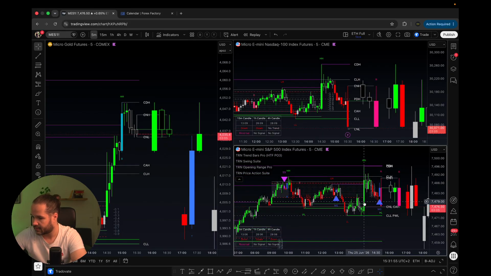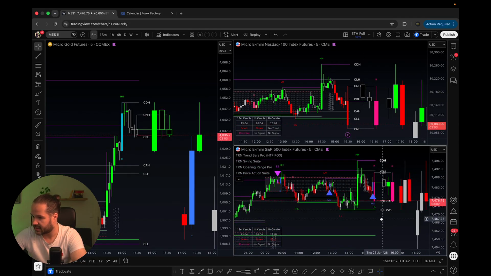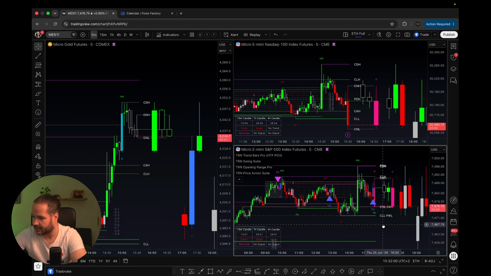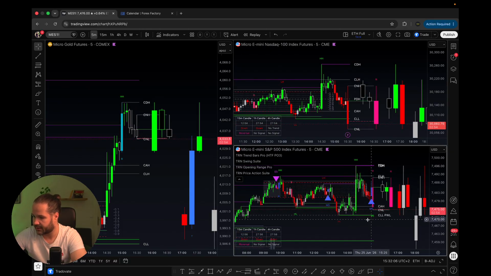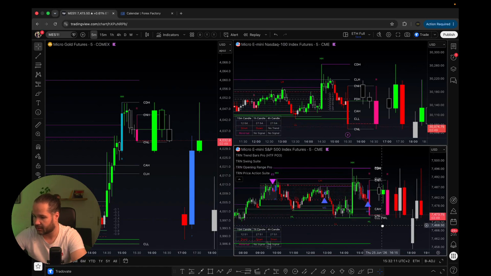Yeah, and with NQ, that's not a surprise, honestly. Maybe we will take out this low here and then maybe print a recovery. Let's see, or we dive lower.